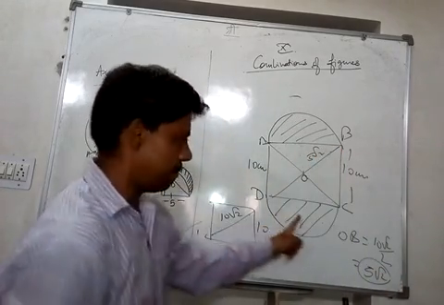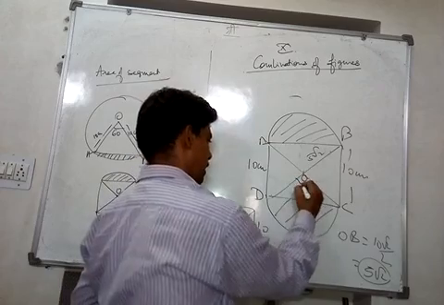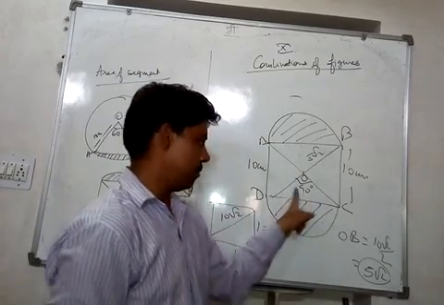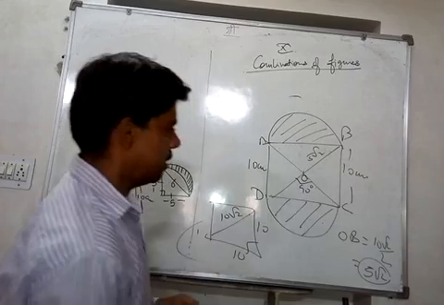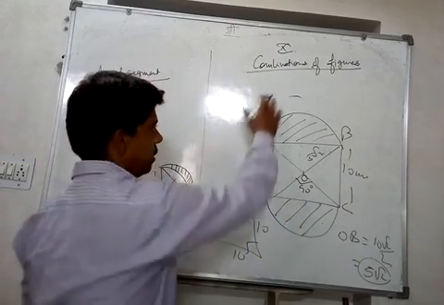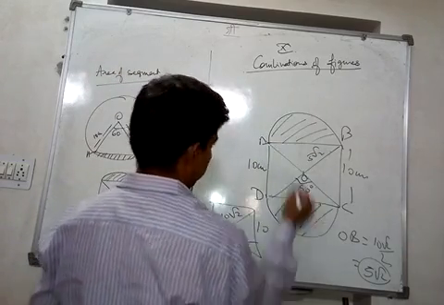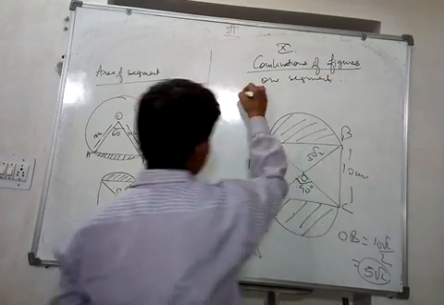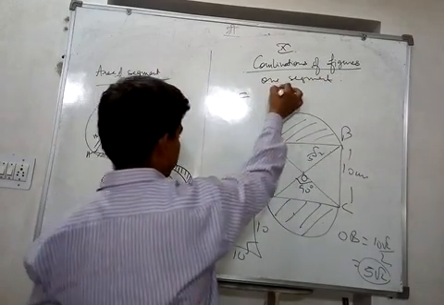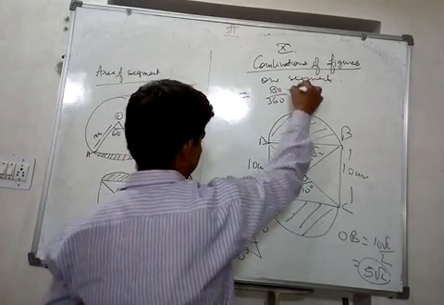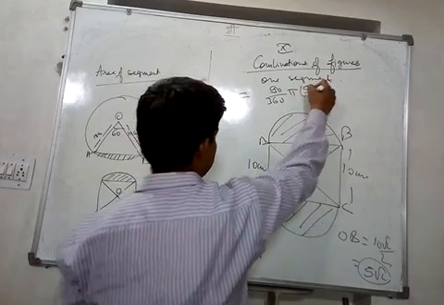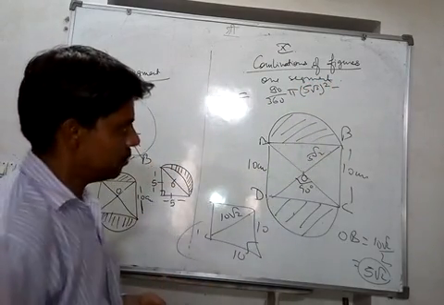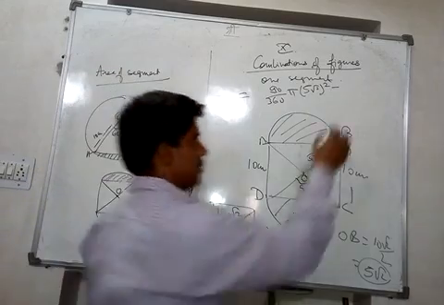So this is a segment here. The angle is 90 degrees. So area of segment is area of sector minus area of triangle, and theta is 90 degrees. So we can directly find one segment: it is equal to 90 upon 360 times r square, which is 5 root 2 whole square, minus r square sin theta by 2.